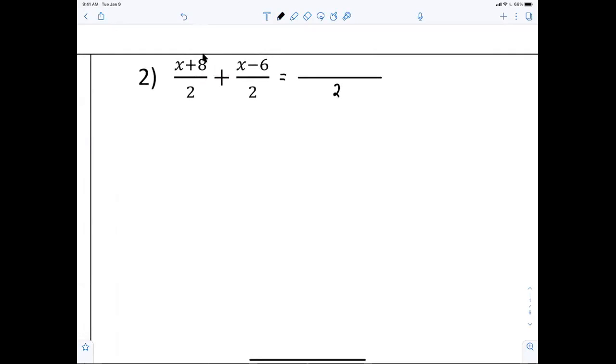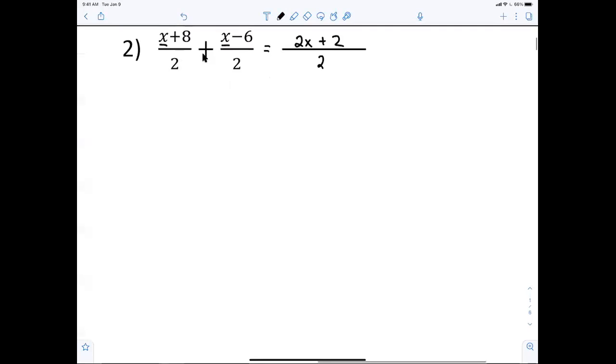Then just combine terms. So x plus x is 2x, 8 minus 6 is 2, so 2x plus 2. Now you see a whole bunch of 2's there, right? And we've talked about how you can't really cross out things bounded by addition. But we're going to modify that a little bit.